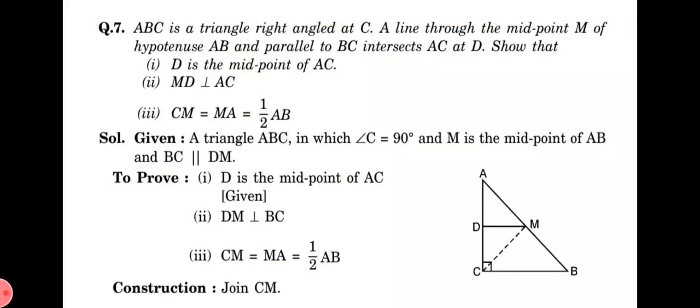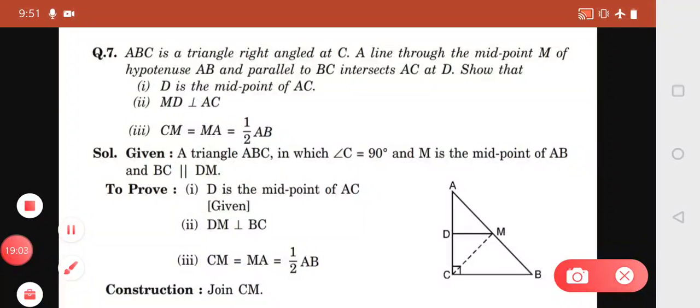Now to prove, number 1, D is the midpoint of AC. Number 2, DM is perpendicular to AC. Number 3, CM equal to MA equal to half AB. Now for this we do construction, that is join CM.